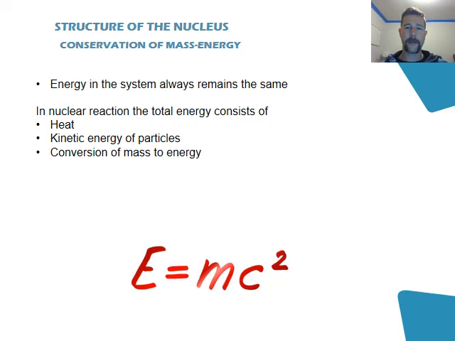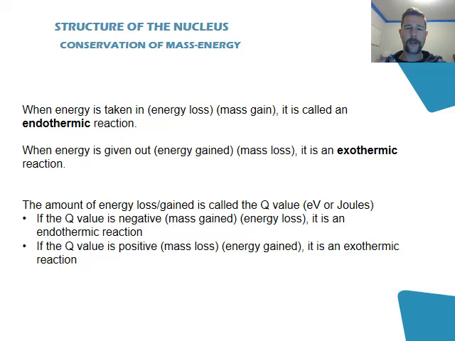But the conservation of mass energy law still holds that the energy in the system always remains the same, whether it's converted to mass or not. So the nuclear reaction total energy consists of the heat of the reaction, kinetic energy of the particles, and the conversion of mass to energy. So specifically to a nuclear reaction, when energy is taken in and mass is gained, it's called an endothermic reaction.